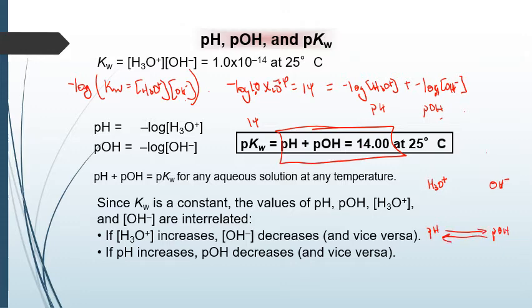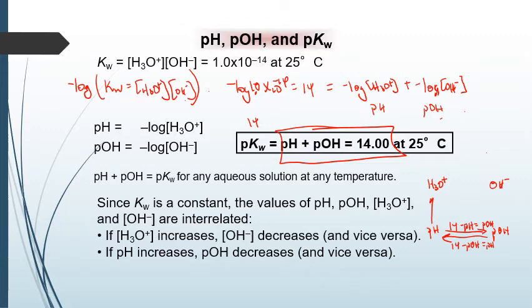So again, either of these two equations: 14 equals the pH plus the pOH, so 14 minus the pH equals the pOH, and 14 minus the pOH equals the pH.